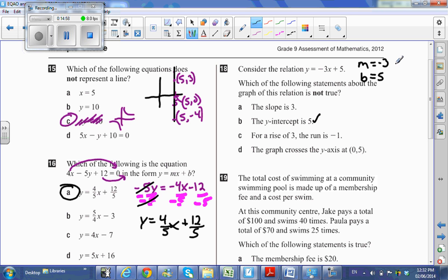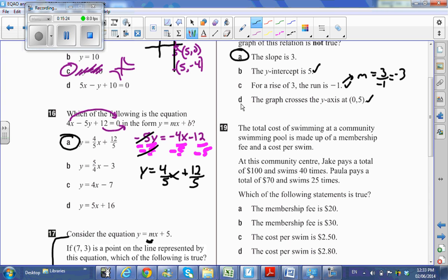That would be true. Like if I actually wrote it as a fraction, I'd get 3 over 1 or 3 over -1, because actually if you found the slope of this thing, rise over run, we would get -3. Okay, so that's correct. And the graph crosses the y-axis at (0, 5), which of course is my y-intercept again. So these all work. So yes, the first one was the incorrect one.